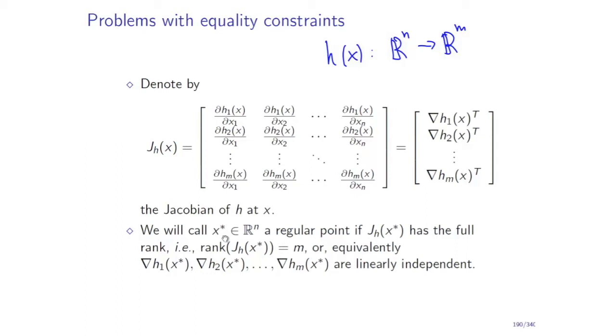We will call a point x star a regular point, and we are talking about a feasible point here, right? So we will call a feasible point x star a regular point if the Jacobian has the full rank, which means that these m vectors here are linearly independent. So the gradients of h1 through hm at x star are linearly independent.